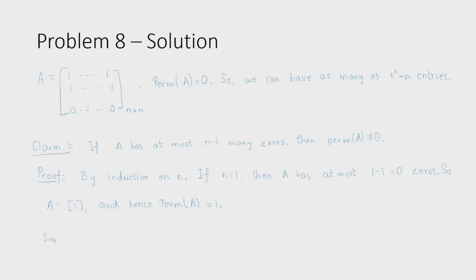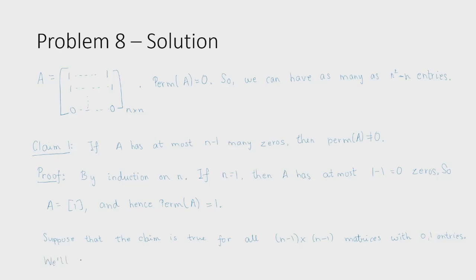So suppose that the claim is true for all n minus 1 cross n minus 1 matrices with 0, 1 entries. What we'll do is the following.